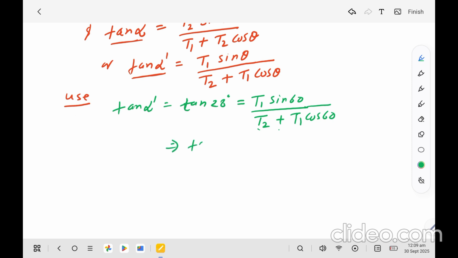So tan 28 degree equals T1, which is 2.6 kilonewtons, into root 3 by 2, divided by T2 plus 2.6 into 1 by 2.